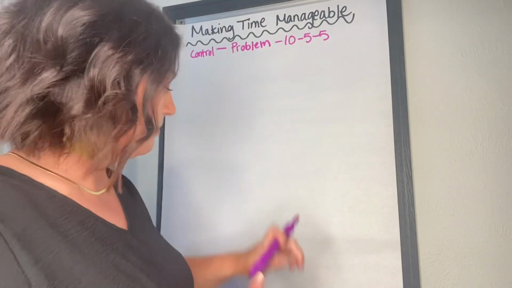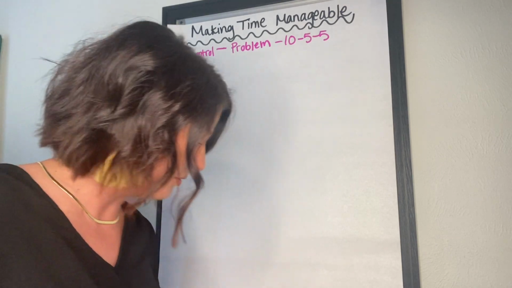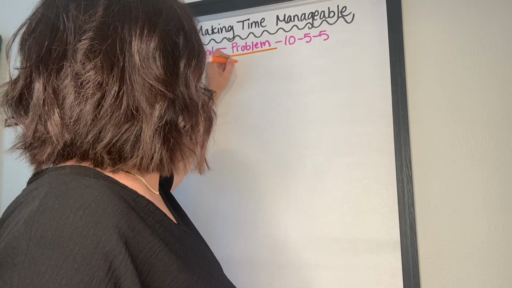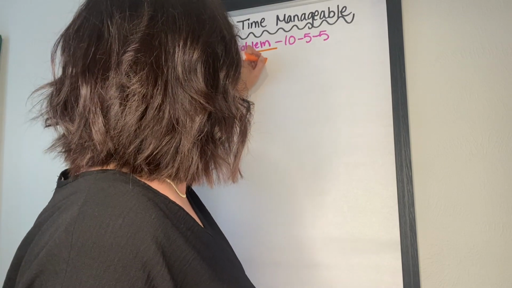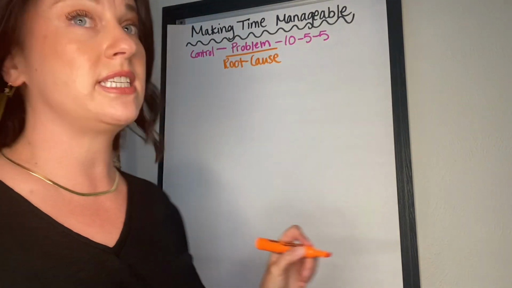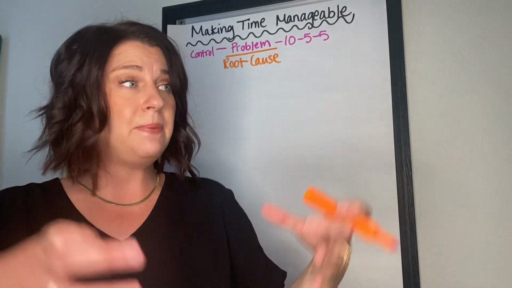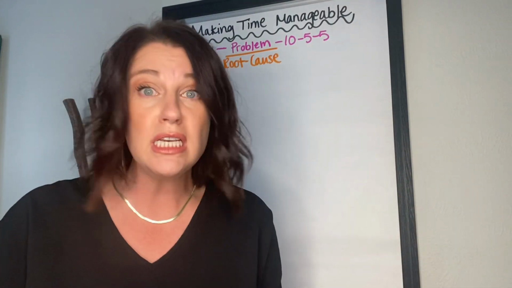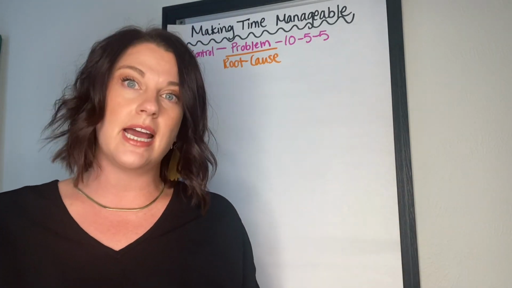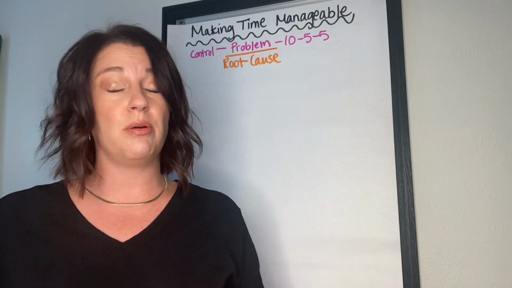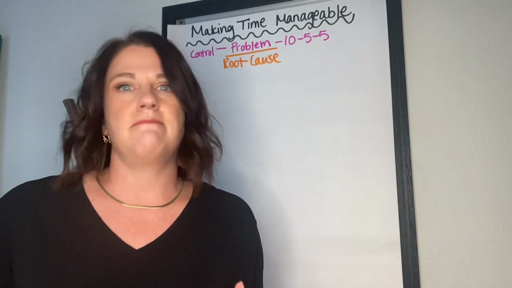We don't want a time suck. So we have our problem, and then the next thing that you're going to do is identify the root cause. I suggest as a campus, you do this as a full campus. You want all stakeholders invested. As a PLC, you want whole PLCs coming up with this problem and identifying the root cause. If you yourself are working on just individual prioritization, same thing.